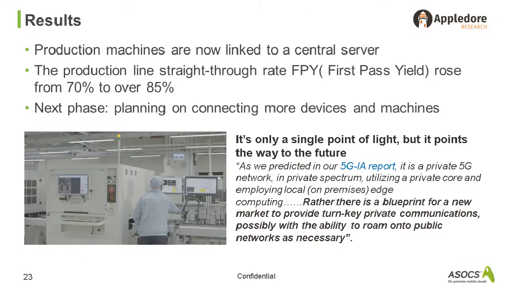I think the highlight of this use case was that we connected optical inspection machines using 5G. Now, these optical inspection machines were still tethered using cable to their existing application to run their function.